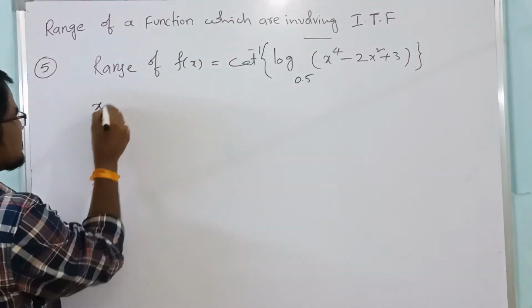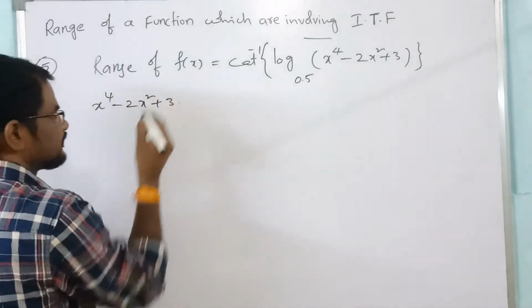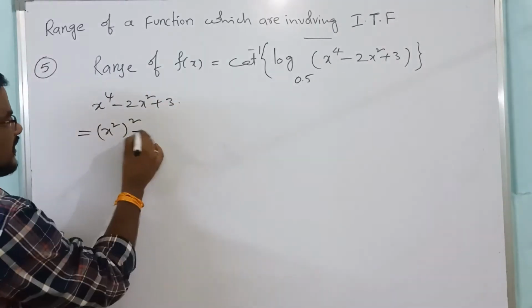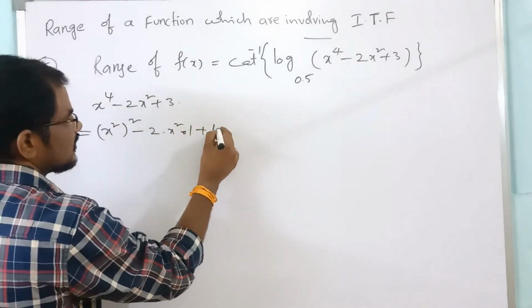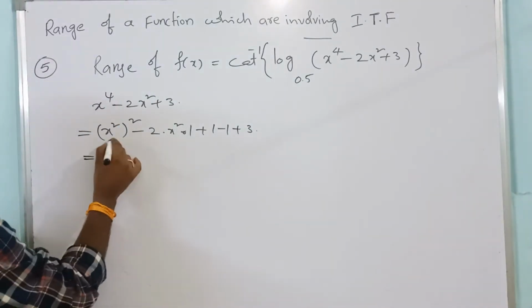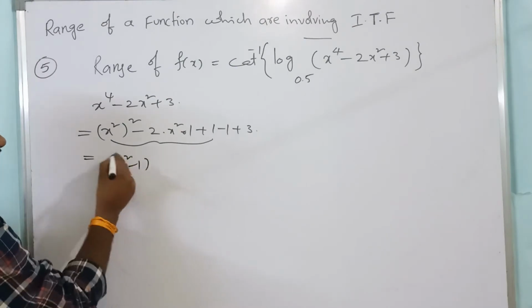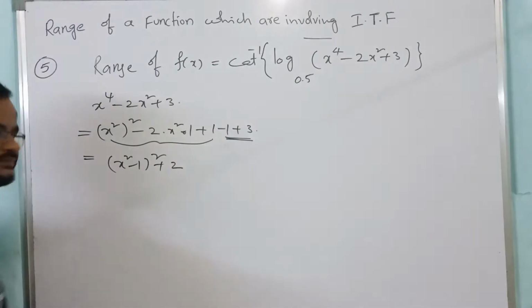So take this expression x to the power of 4 minus 2x square plus 3. This can be written as (x square) whole square minus 2x square plus 1 minus 1 plus 3. That is equal to (x square minus 1) whole square plus 2.